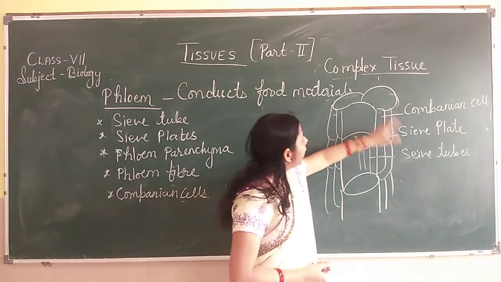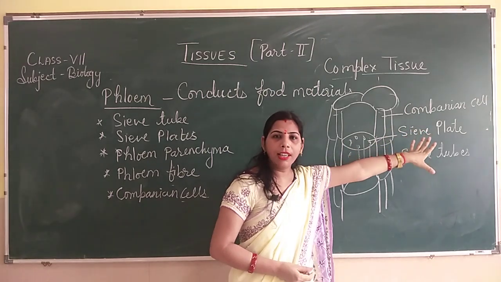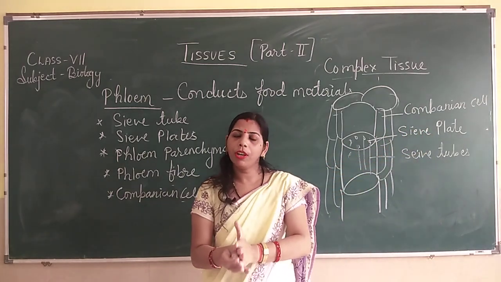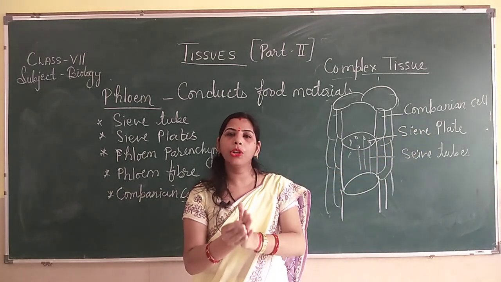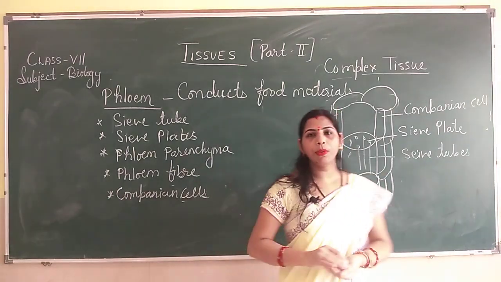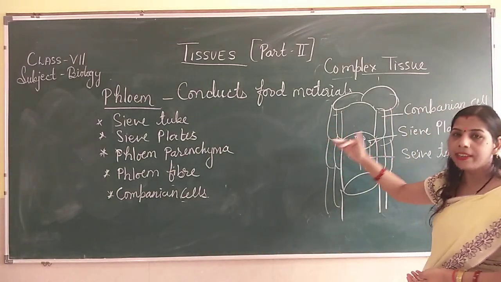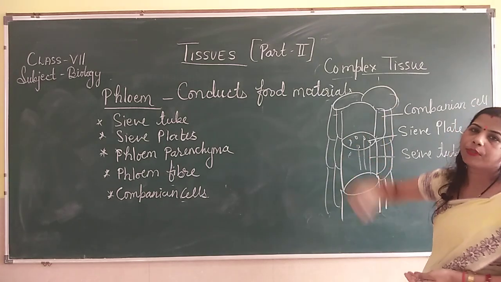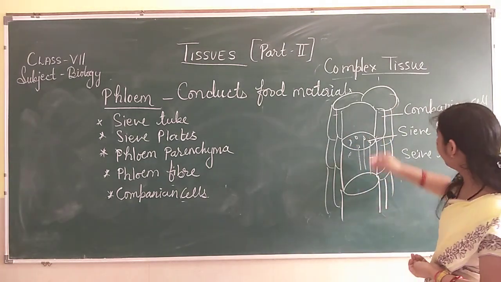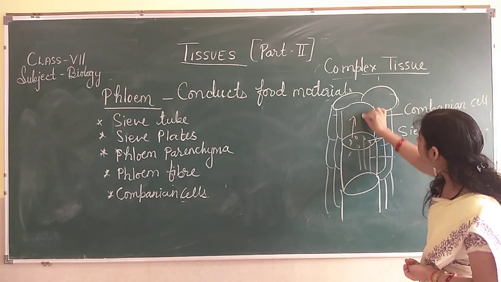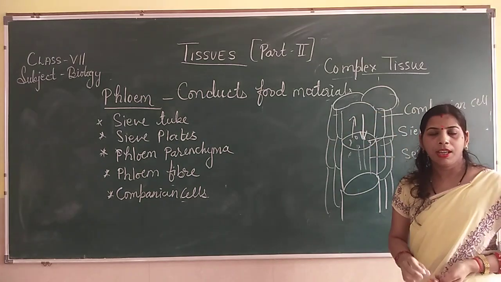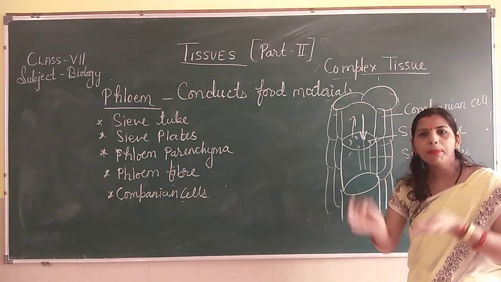Sieve tube and companion cell are the two main elements of the phloem. When the food is prepared in the leaf, the leftover food, the rest of the food which is not used by the plant, is transferred to the other cells and to the rest of the parts. Food is prepared in the leaf, and food is stored in all parts of the plant.